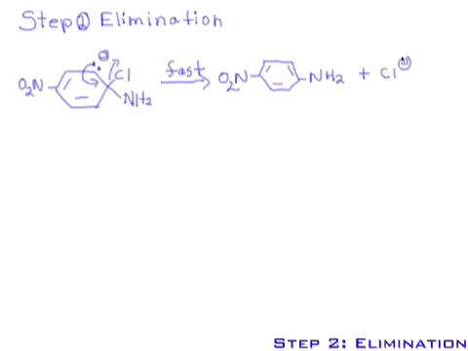So it's called addition elimination because nucleophilic attack, the nucleophile adds first, and then we eliminate the chloride in a second step that's quite fast. Well, what happens in the case when we don't have an electron withdrawing group on the ring?